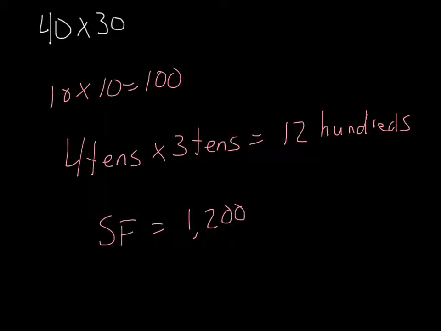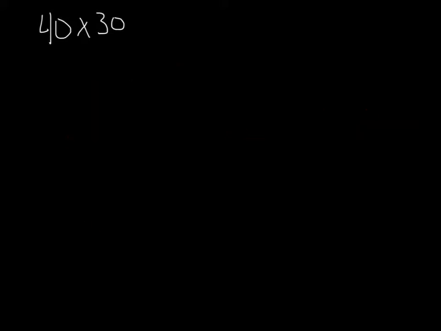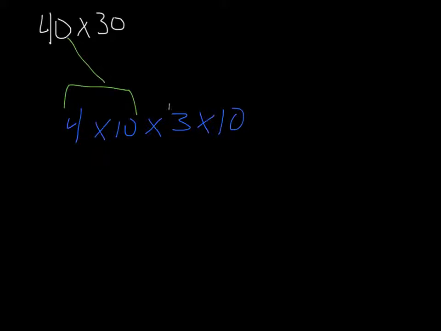Okay? Another way that we can do this problem is to break it into smaller pieces. With my smaller pieces, what I really have is 4 times 10 times 3 times 10. Knowing that 4 times 10 is my 40, and 3 times 10 is my 30. I've just broken it down into smaller pieces.